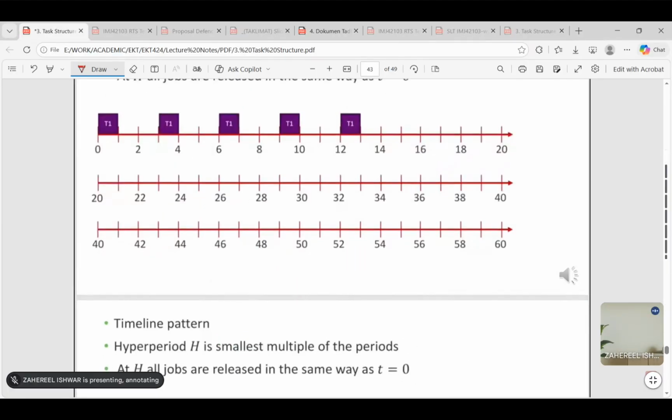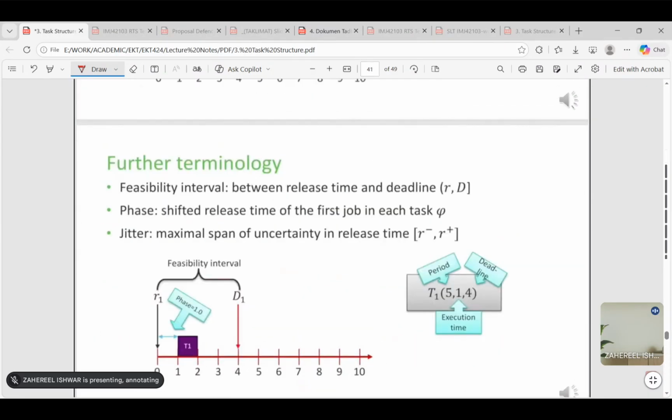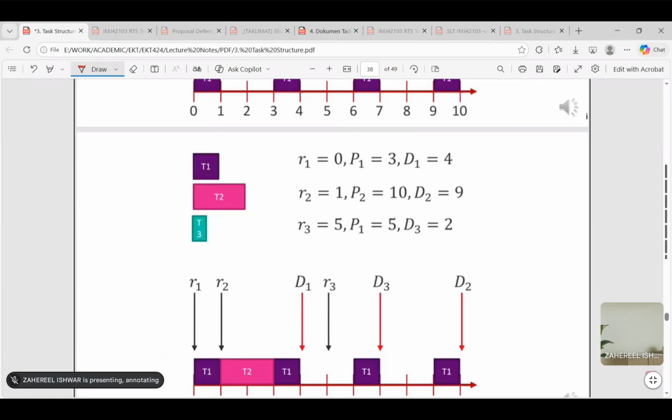Before I end this part, any question? I want to go into the next part. It's already 10:50, almost 1 hour spent here. Kalau tak ada, I want to go to the next one. All right, static scheduling.